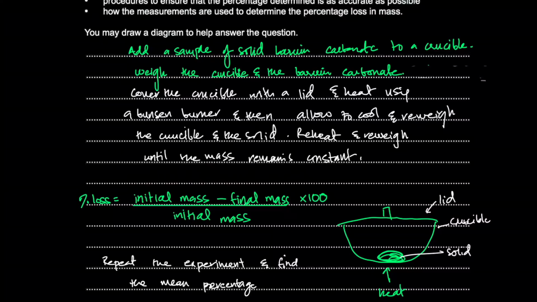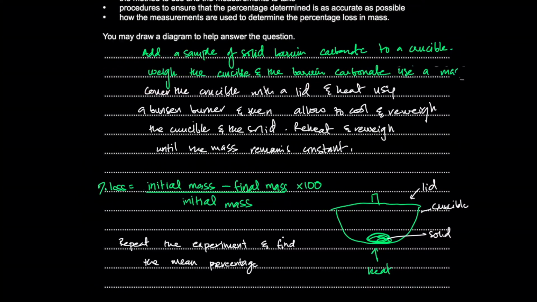And one thing I forgot to mention is that whenever you're weighing something, you should use a mass balance. Always mention the instruments or apparatus that you're going to use, such as a mass balance. You only have to mention it once.